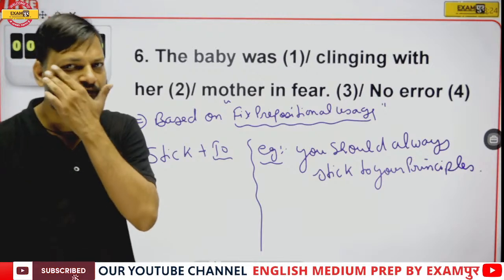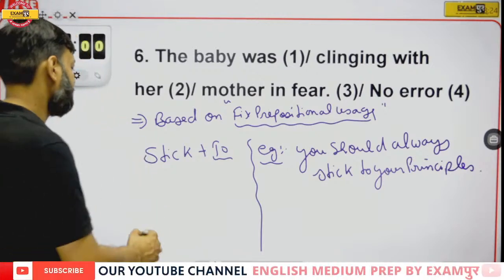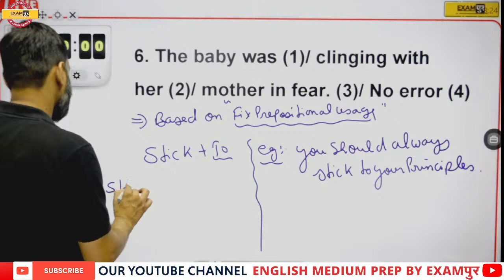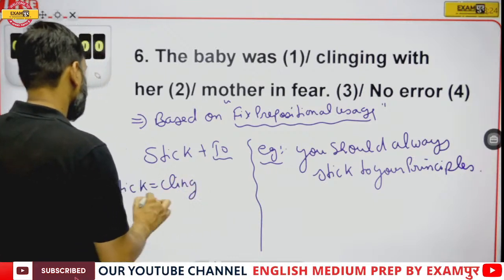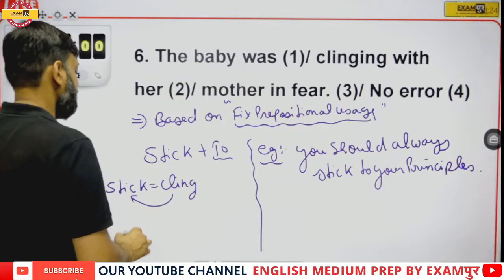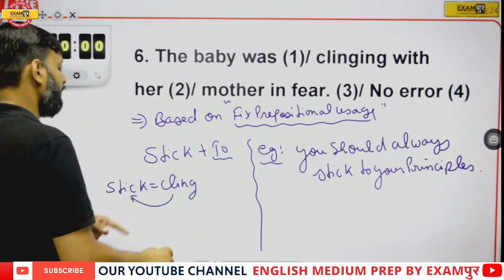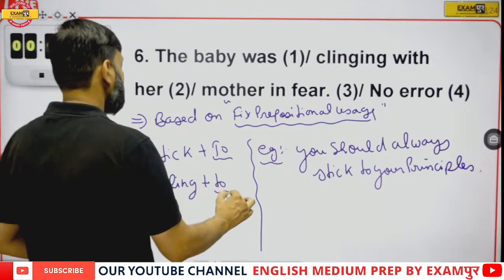Okay, so stick is always followed by to, and clinch is the synonym of stick. So if stick is followed by to, clinch is also always followed by to.